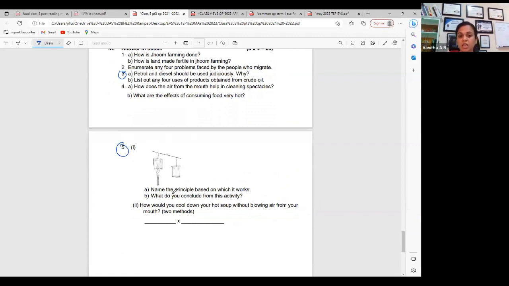Again, name the principle. Teachers, this is also one such question, because this activity is mentioned in the course of study. This is not there in the book. The lesson is Blow Hot, Blow Cold from class 5. This activity talks about warm air going up, hot air going up. This is only informed through the COS. It is mentioned in the COS.